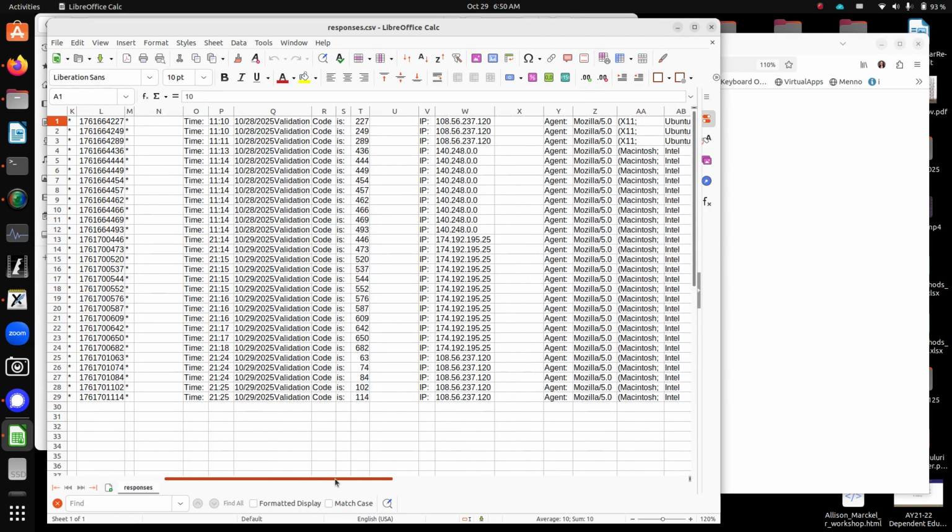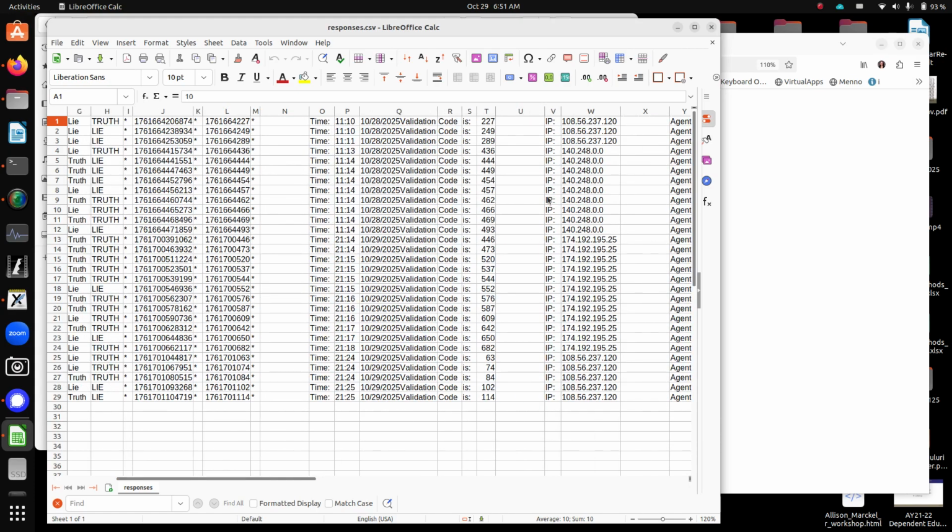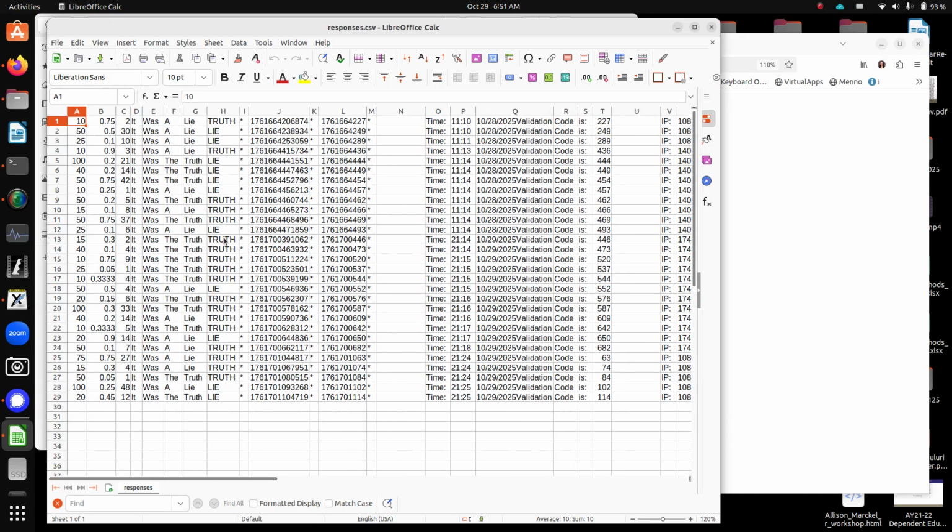Notice I have a whole bunch of different IP addresses because I went from device to device. Here I think I was on my phone. I don't know, my iPad. But notice I went back to the same device more than likely. Maybe not. But each time I do something, I'm going to write down the validation code that goes with the IP address, and then here's all the data. So I can verify that you are not telling a lie, like the app is.